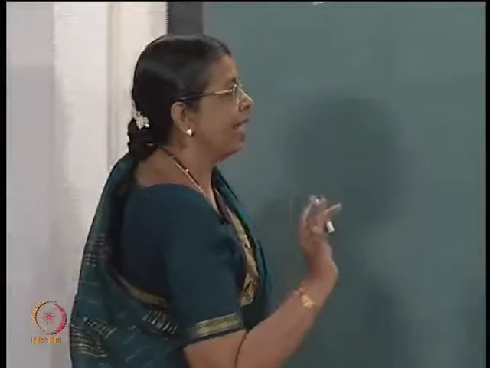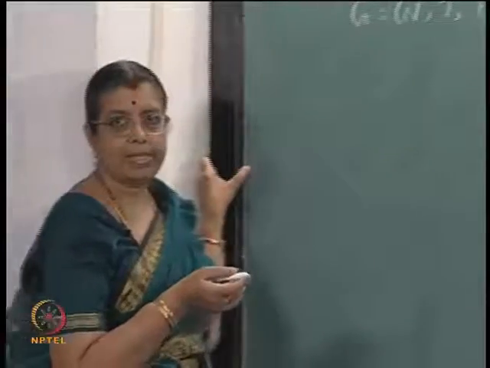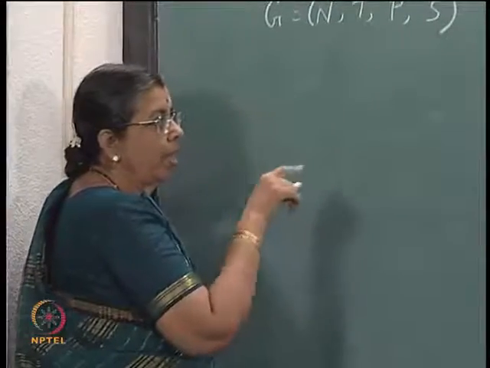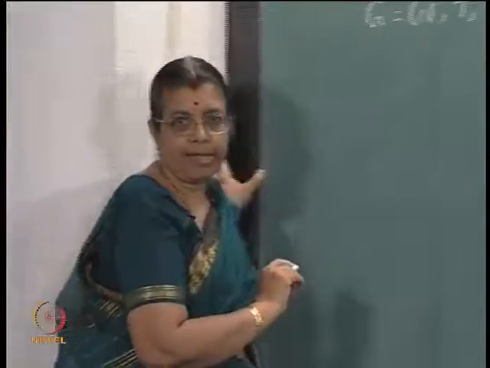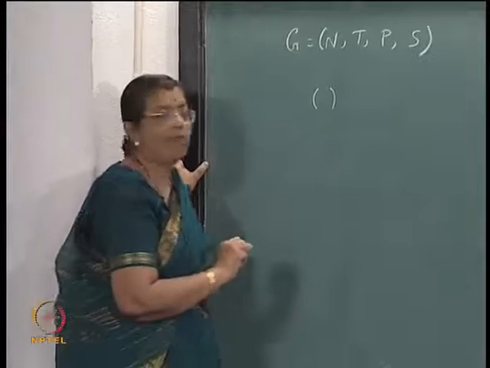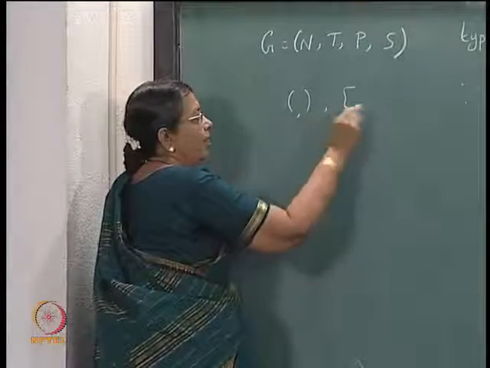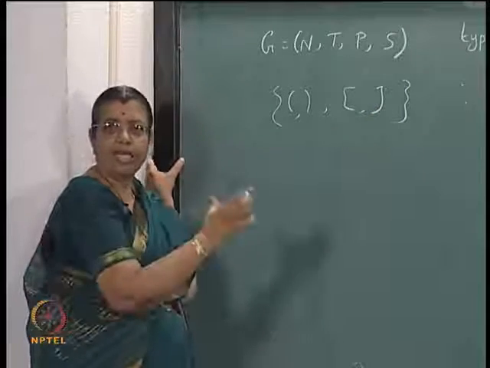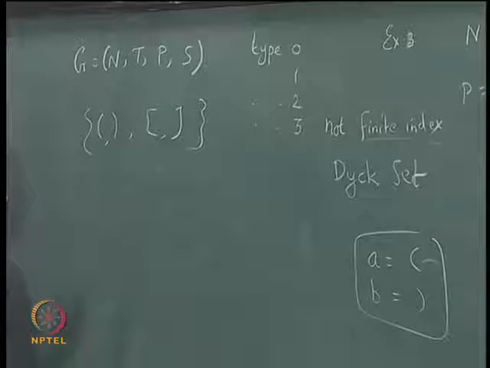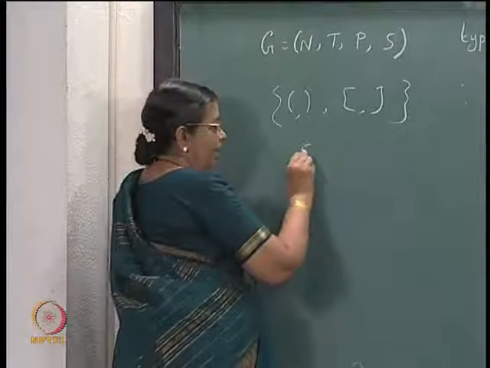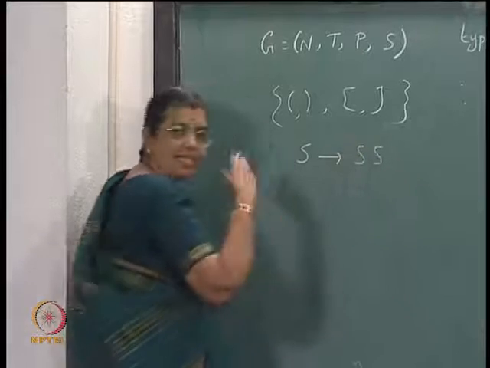So let us consider one or two examples for that. For example, this well formed string of parentheses we have considered with this. Suppose I have to find all well formed strings using this. Two types of parentheses I want to have. Still it has to be well formed. What grammar will generate this? You must have this S goes to SS for nesting purpose.